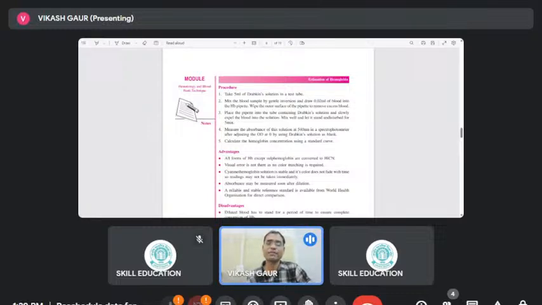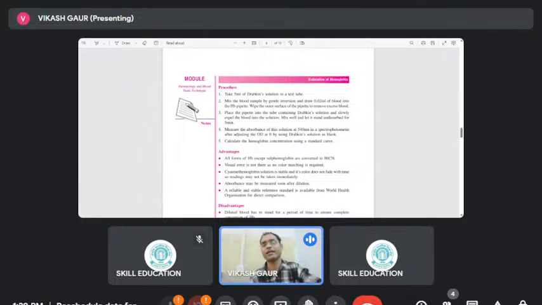After mixing of blood and Drabkin solution, you need to read the absorbance, the optical density, of the mixed sample. So, what is the difference between both tests? In the Sahli method, we mix N/10 HCl, blood sample plus distilled water, and in this one we mix Drabkin solution 5 ml plus blood sample only.